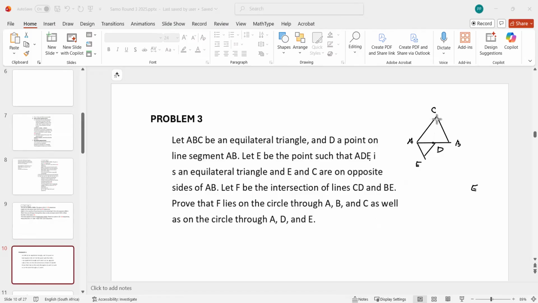When they say the line CD, it means the line that goes through C and D. So CD and BE, like that. So F is this point here, where these lines meet.